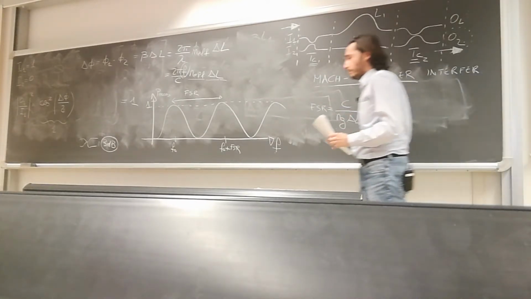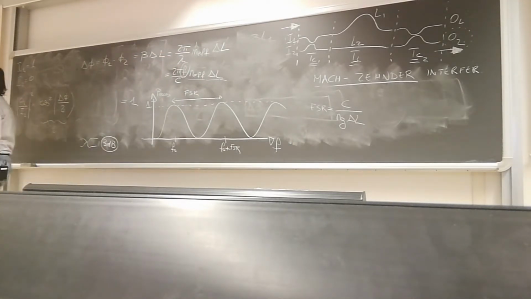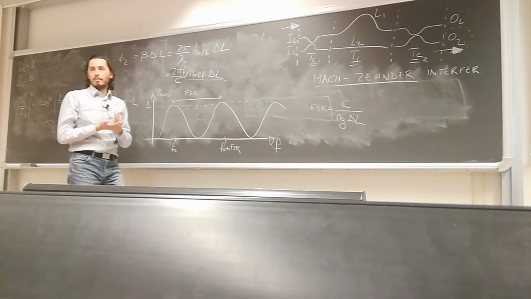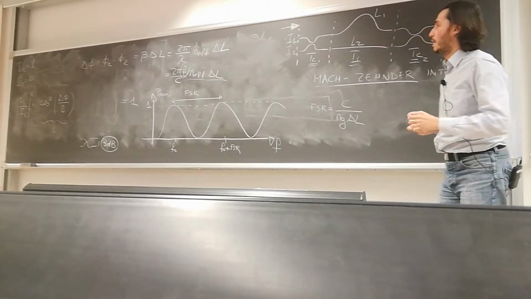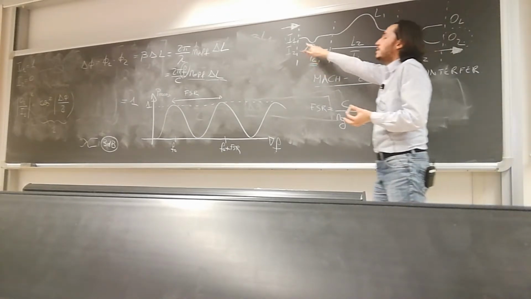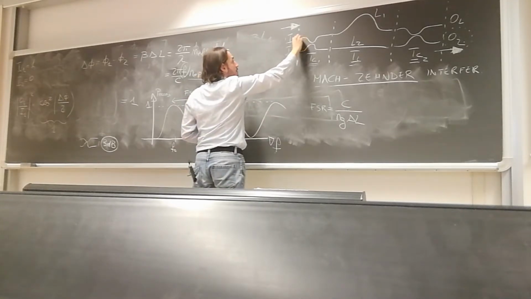So, what is going to happen if my waveguides are no more single mode? Assume that here inside, instead of a single mode, there are two modes.